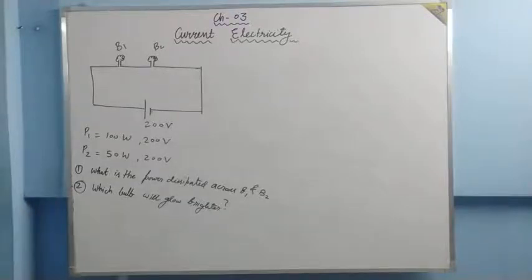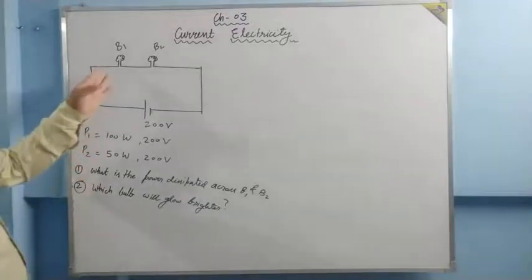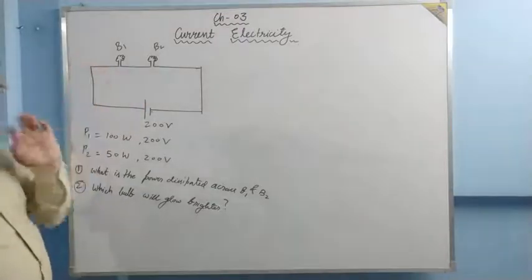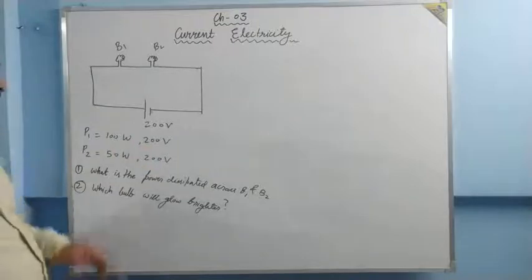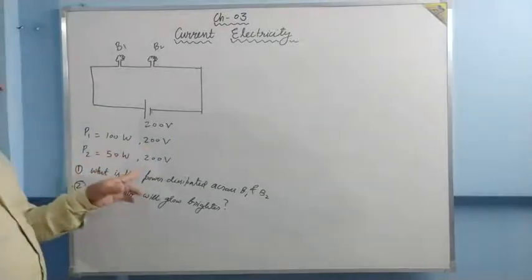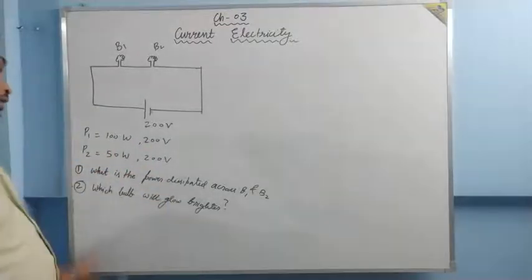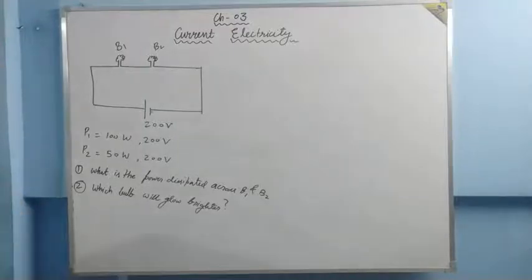In the question, one circuit is given with two bulbs, B1 and B2. Power of one is 100 watt and it is rated as 200 volt. Power of second is 50 watt, it is rated 200 volt. Question is, what is the power dissipated across B1 and B2 in the given circuit? And the second question is, which bulb will glow brighter?